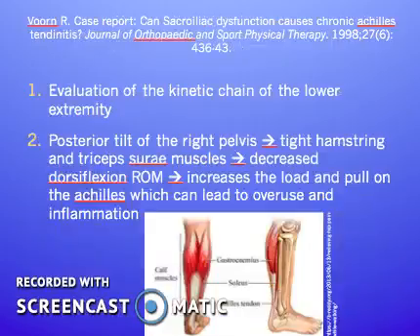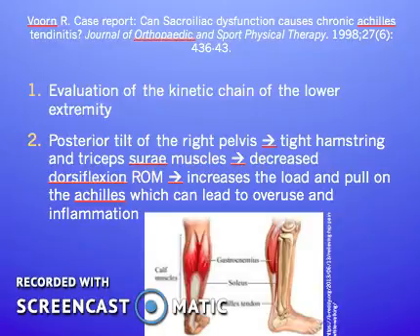The second article talks specifically as a case report about SI joint dysfunction and Achilles tendonitis. Now, this is an older study, however, I really do think it benefits not only to remind me why it's important to look at the kinetic chain, but also to help me understand how to go about not only evaluating, but treating.